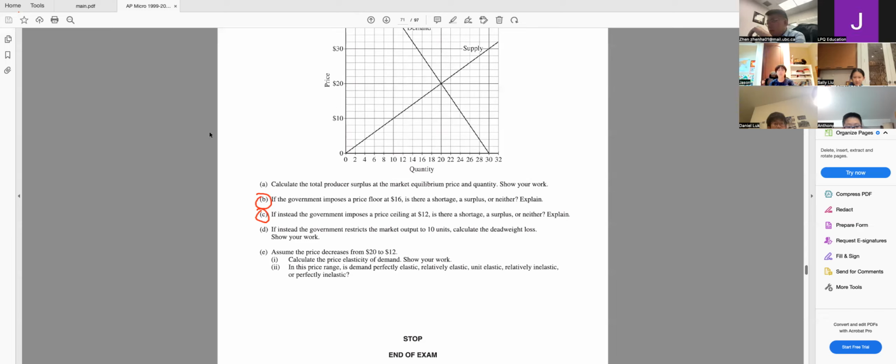It says the price floor is like 16. No, in this graph, where is the market equilibrium? Where is the market equilibrium point?